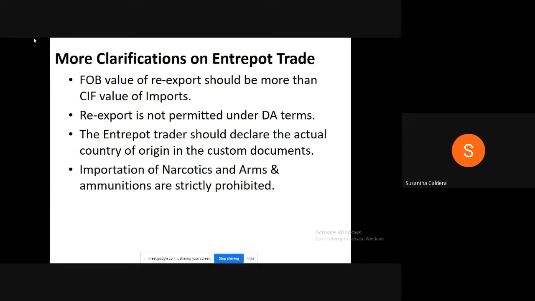Because when we get the stuff from China, the government of Sri Lanka is supporting this entrepot trading. So they give the trader or the middleman, without charging, 21 days free for bonded warehouse facility.